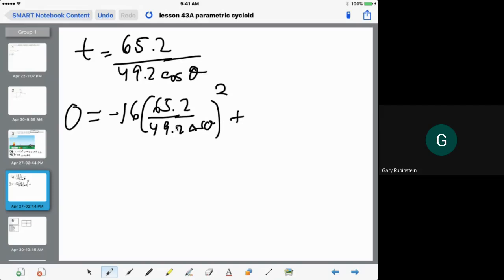Plus 49.2, that's V0, times sine theta, times t, but t is again this pretty ugly expression.